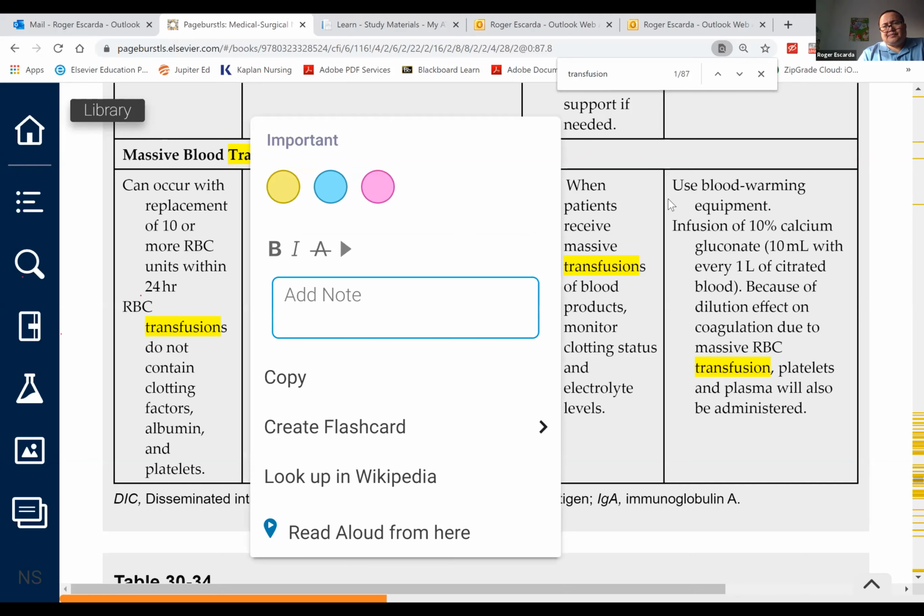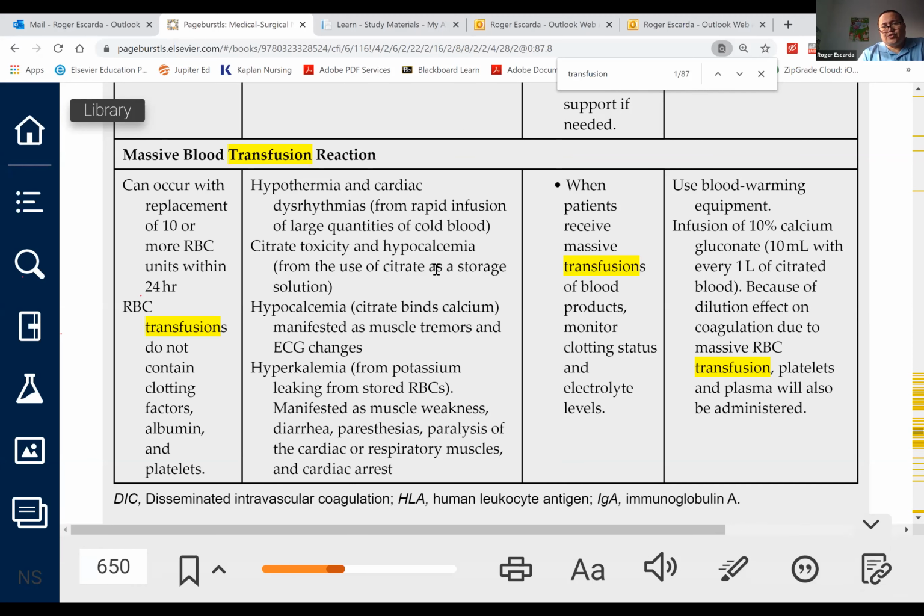Okay, here it's a storage solution. However, we don't know how long the blood has been in storage.